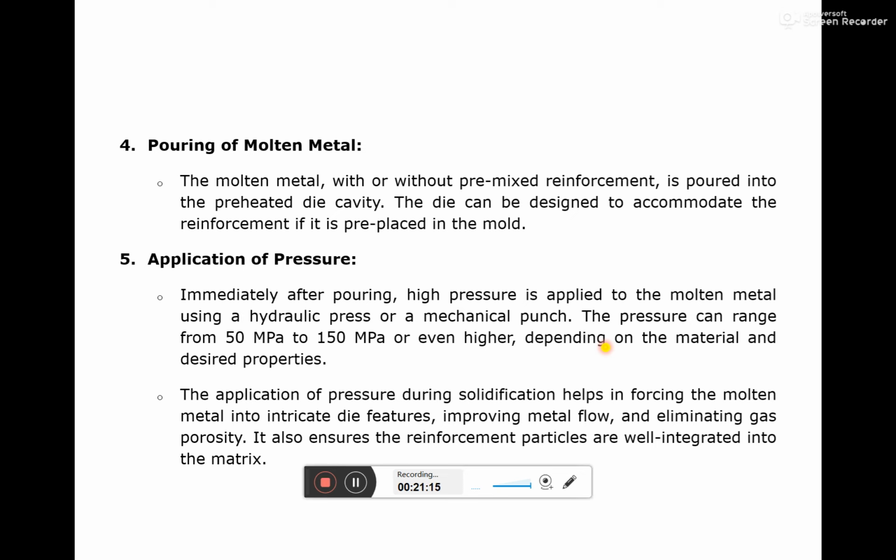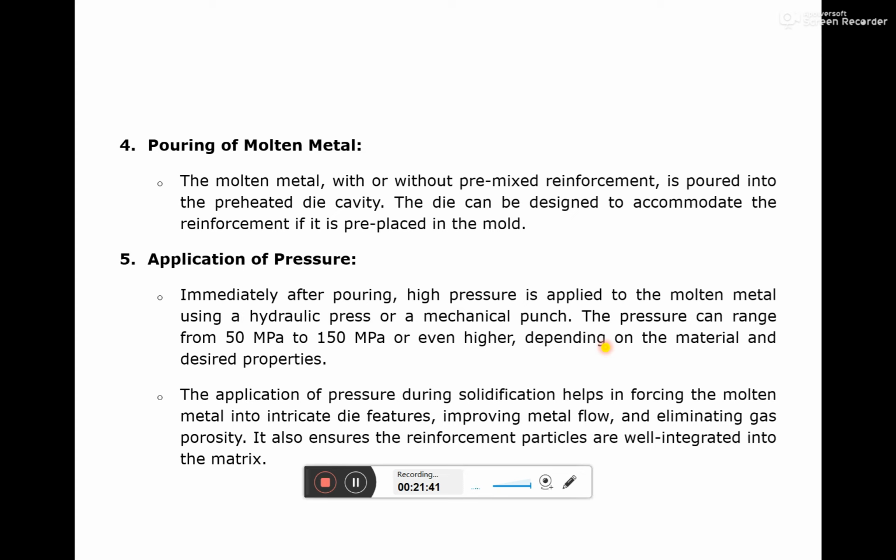This particular setup is designed in such a way that it has a pressure application mechanism, where we can apply pressure in the range of 50 megapascal to 150 megapascal, depending upon the requirement. Some equipment may even have higher pressure setups.